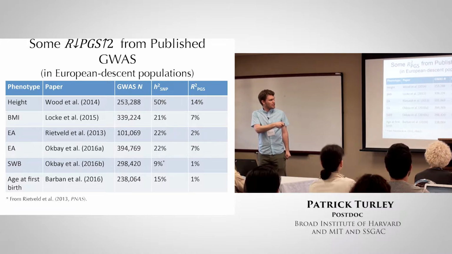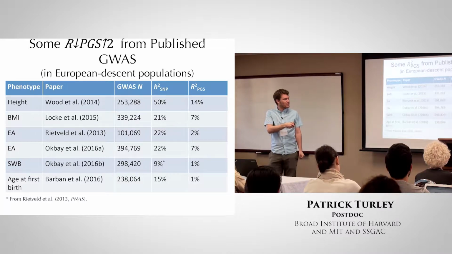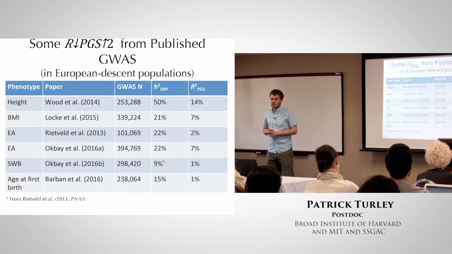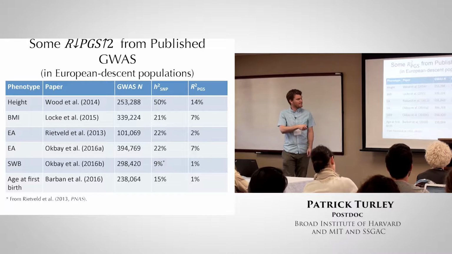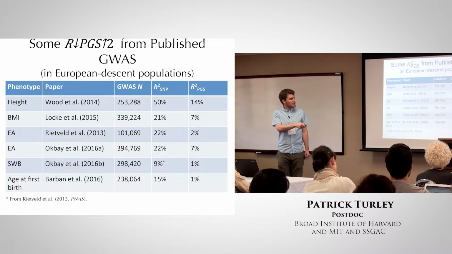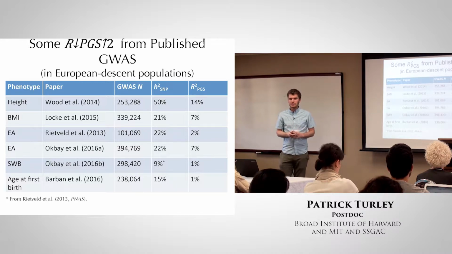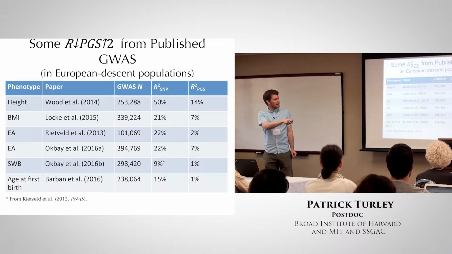The SNP heritability of height is 50%, and our polygenic score explains just 14%, right? For BMI, the upper bound is going to be 20%, but we're just at 7. The first EA paper in a small sample explained 2% of the variation, but as we expanded the sample, it grew to 7, and it's at 11% now with 750,000. So you can see this same pattern here.